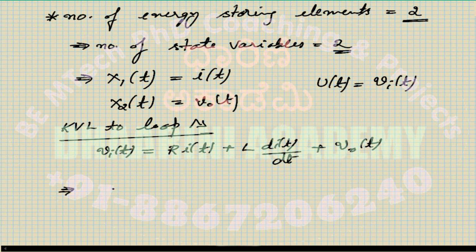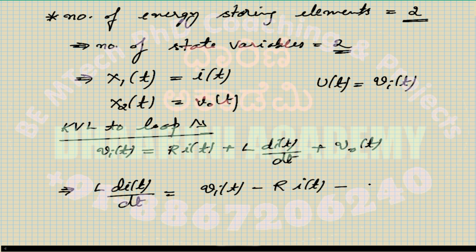L di of t by dt should be equal to, bringing every term to the other side, Vi of t minus R times I of t minus V naught of t.